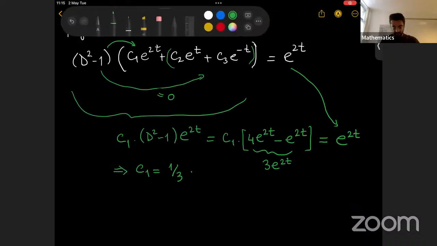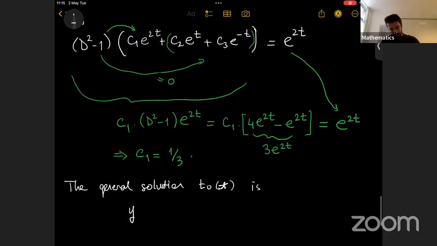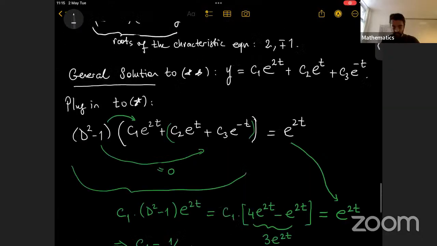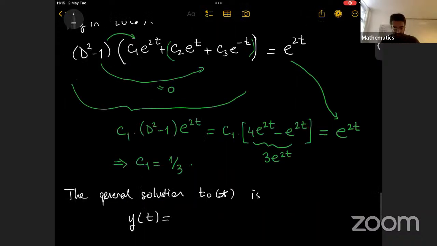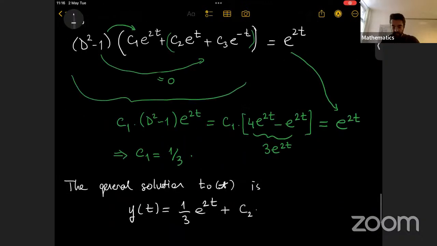So the general solution to the original equation star is y of t equal to 1 over 3 e to the 2t plus C2 e to the t plus C3 e to the minus t, okay?